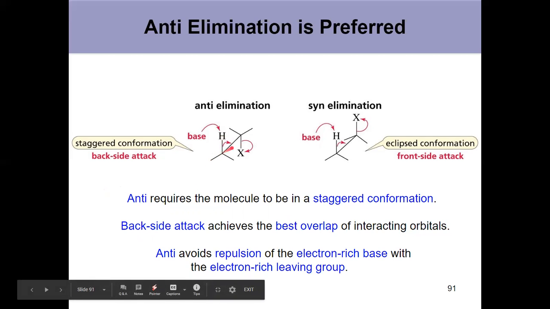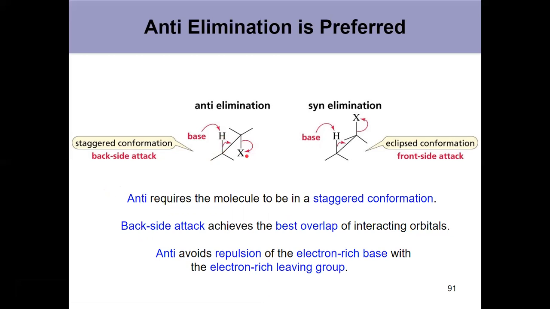They're parallel and they're on exact opposite sides of one another. That's called an anti-elimination, or they're parallel to one another and they're on the same side, and that's called a syn elimination. So these look kind of like a Newman projection. These are actually called sawhorse projections to show how these are parallel to one another. So, anti or syn.